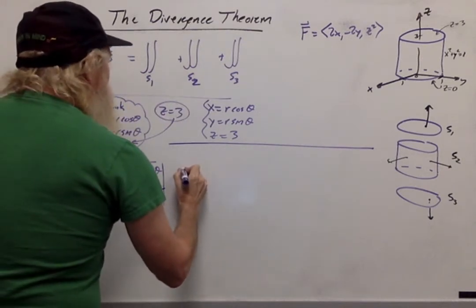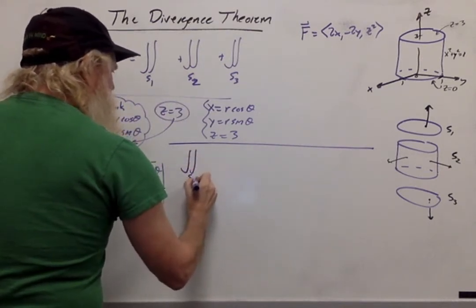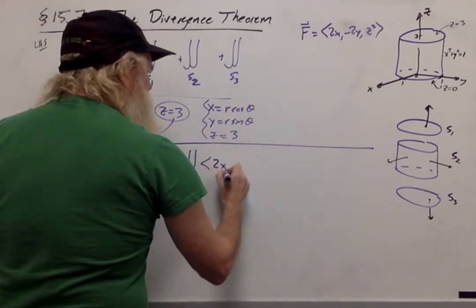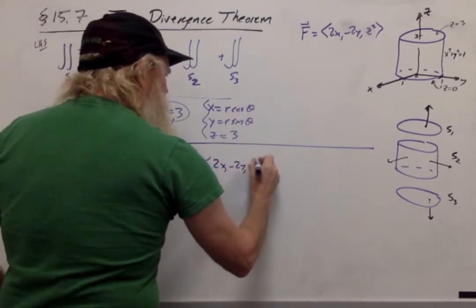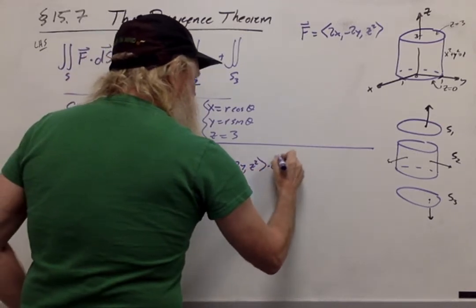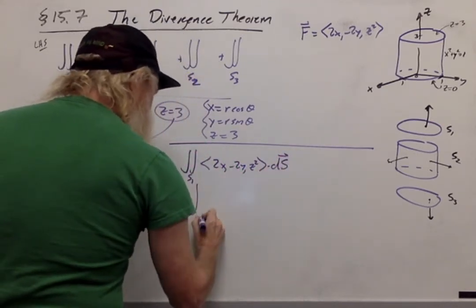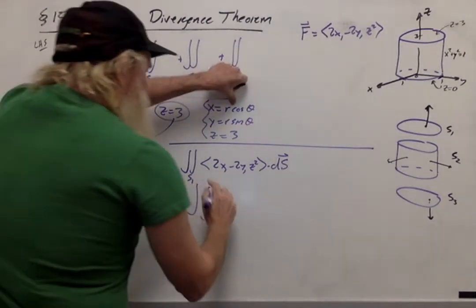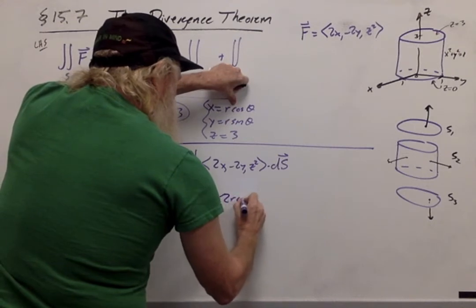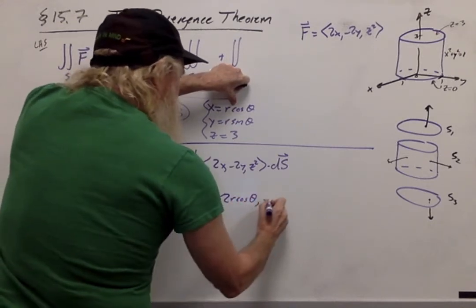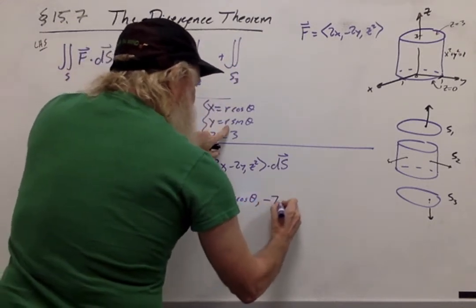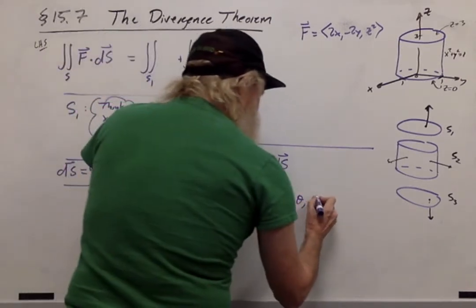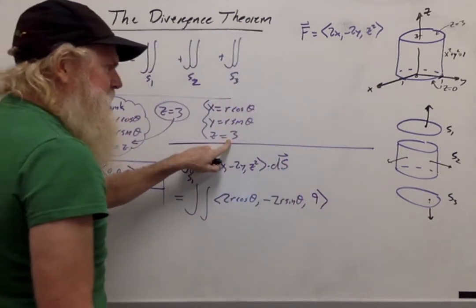So we're looking for the double integral over S1 of F dot dS. And remember, F is 2x, negative 2y, z squared. Now 2x will be 2r cosine theta. Negative 2y is negative 2r sine theta. And z squared is 9.